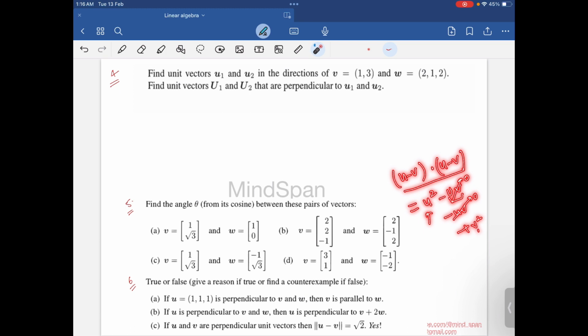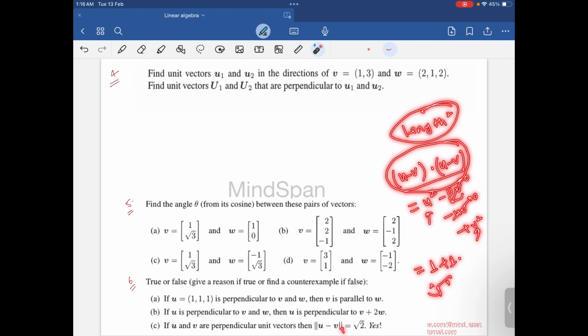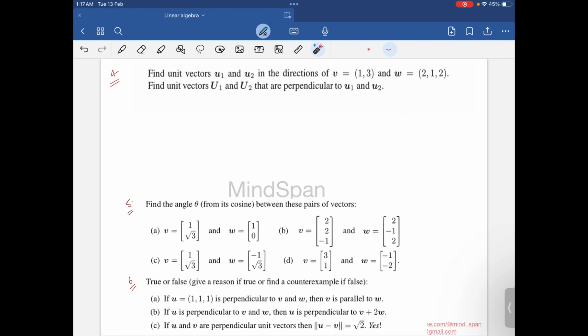And these two are unit vectors, so this will be 1 plus 1, and this is nothing but the length square. And what you have to find is the length, so it will be root over of 2, right? So try this one also, you will get it.